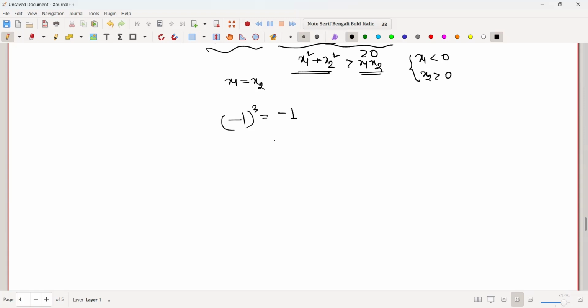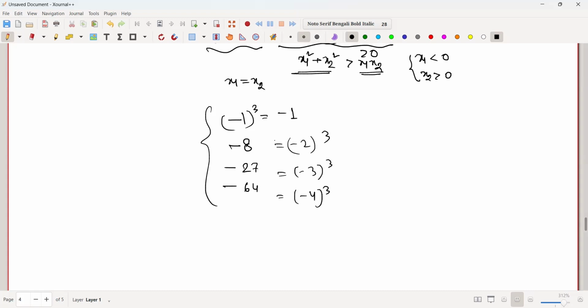Not all negative numbers can be cubes of integers, because minus 1, minus 8, minus 27, minus 64 are the cubes of minus 1, minus 2, minus 3 and minus 4.